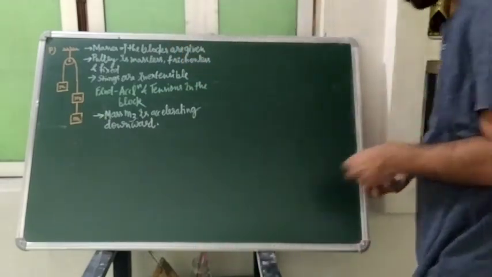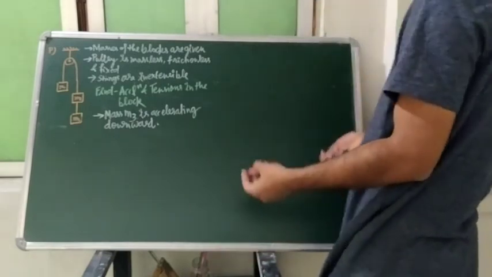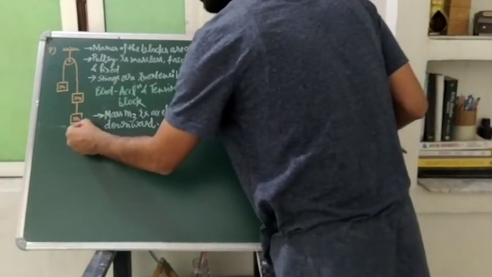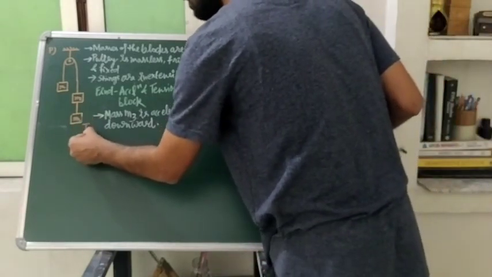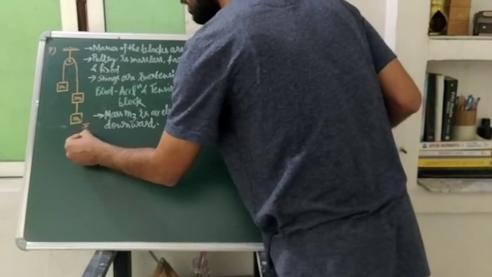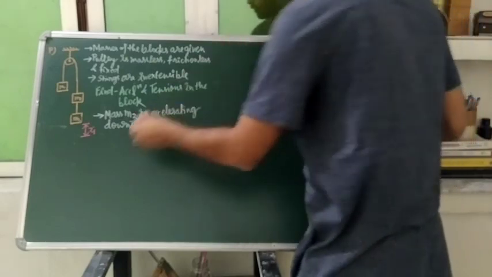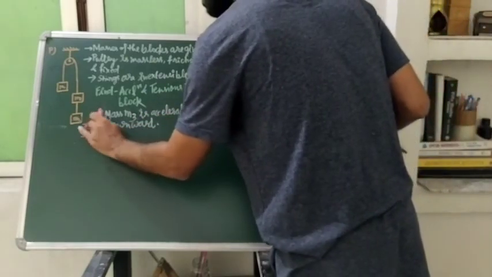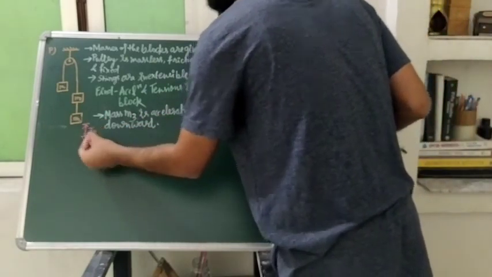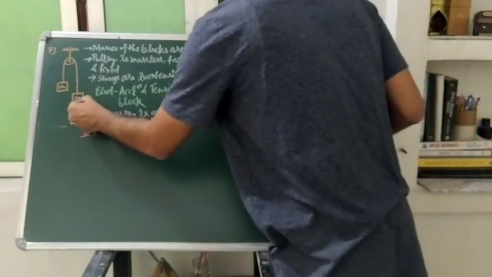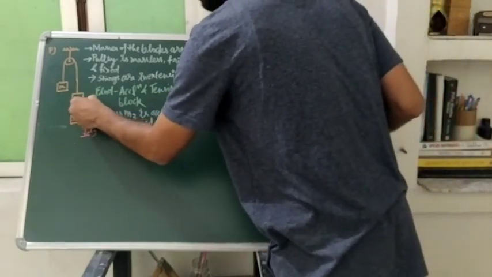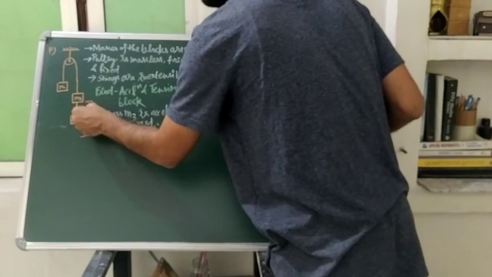So student, when you look into this, when M3 is going to travel x1 distance, not x1, you can say x3 distance, M2 will travel the same distance, isn't it? Or any other distance it is going to move.